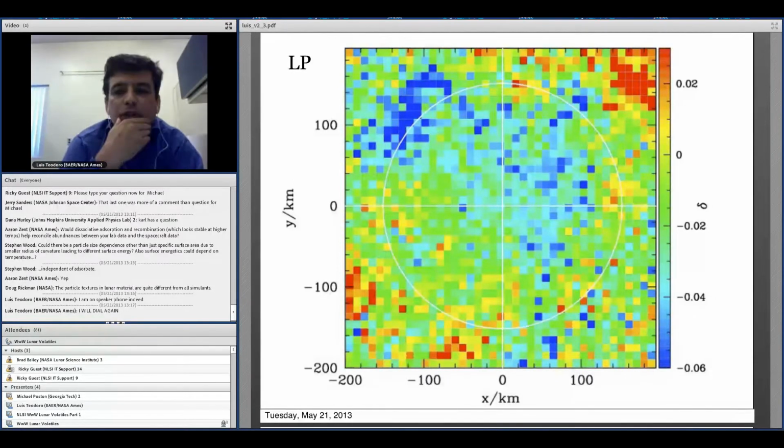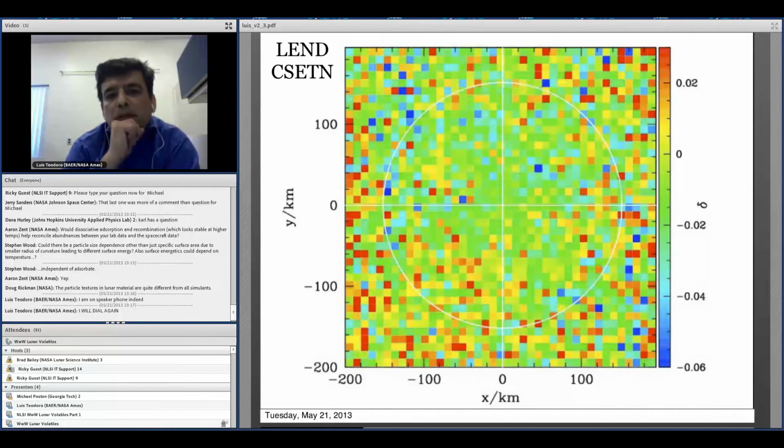We are presenting the lunar prospector, and clearly we can see Cabeus, and we also can see some other signal on the right-hand side, at Shoemaker and so on. Now, the same map for LAND, I think it's fair to say you still see the same two big features, Cabeus on the top left and Shoemaker off the center toward the right side.